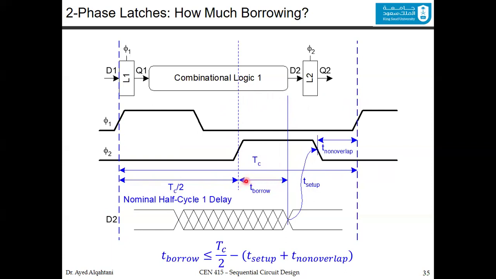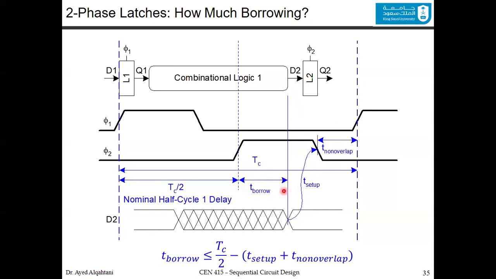The borrow time must be less than or equal to TC over 2, which is the half cycle here, but you take out from it the non-overlapping time, because here you are storing the value and you are not passing anything. So you take the non-overlapping time from it, and also the setup time that you have here.